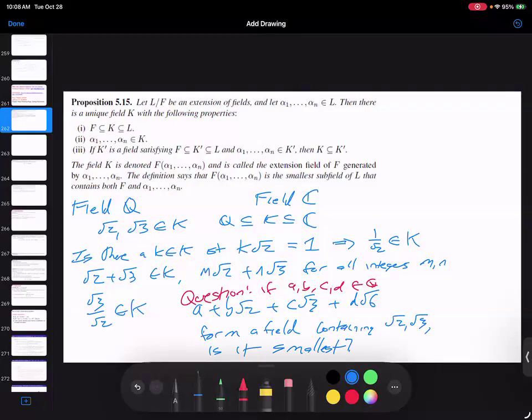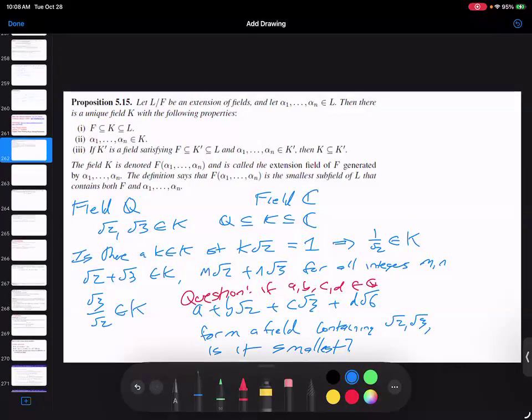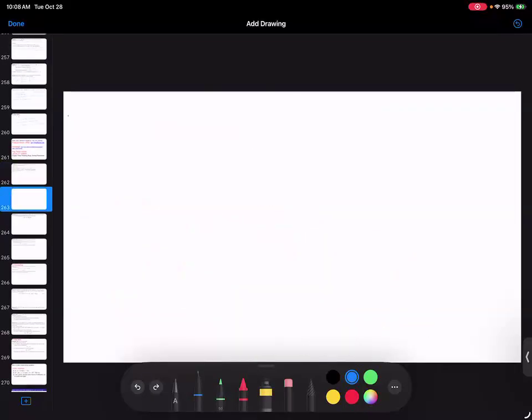The question is, do I actually need a square root of 6? Is square root of 6 equal to a plus b root 2 plus c root 3 for some a, b, c rational?